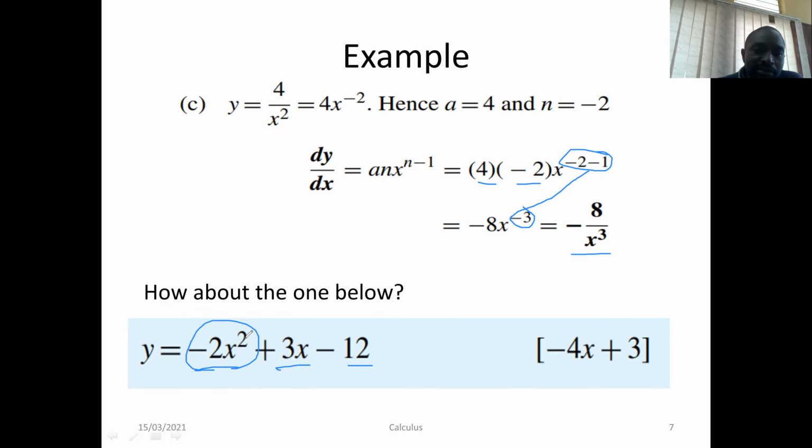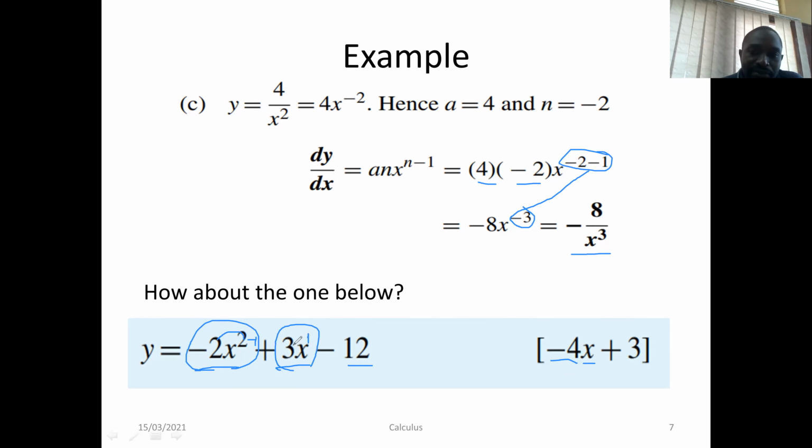you're going to multiply 2 by minus 2, giving us minus 4 in this case. And then 2 minus 1, in this case we are going to get x to the power 1, or simply x, which is what we have here in the first term. Then moving on to the second term, 3x, there is a silent power of 1 there.